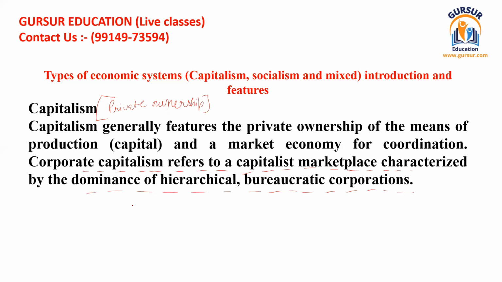All the means of production are owned by the bureaucratics, or there is dominance of a hierarchical system. So wherever there is private ownership of means of production, or complete privatization, that kind of structure is known as a capitalist system or capitalism.